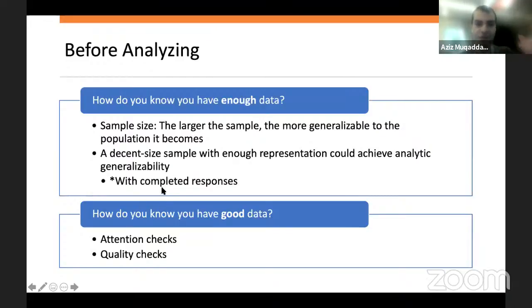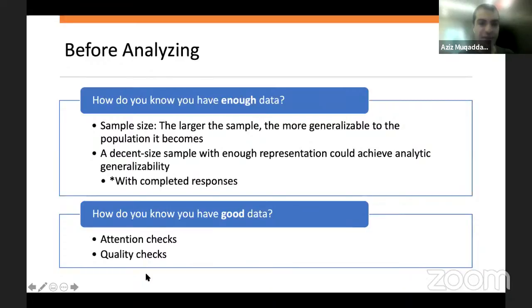It's the sample size with completed responses, and that's something you should pay attention to when you read news pieces or research articles. We recruited 600 participants in our study, but at the very end, sometimes only 350 completed. That means you have 350, not 600. If 350 completed the survey, that's what would count.